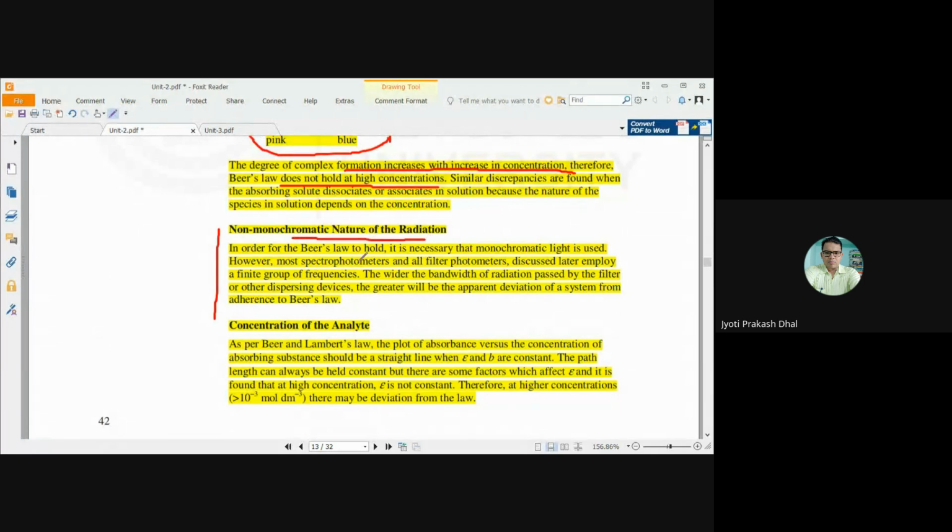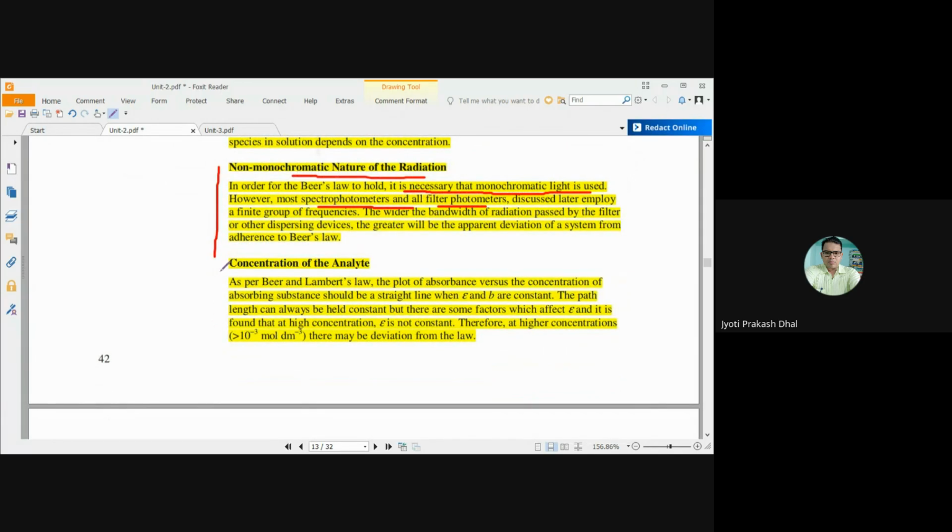Beer's law holds good only if monochromatic light is used. However, most spectrophotometers and all filter photometers, which we will discuss later, have a non-monochromatic nature of radiation, so a wider bandwidth of the radiation will be possible.